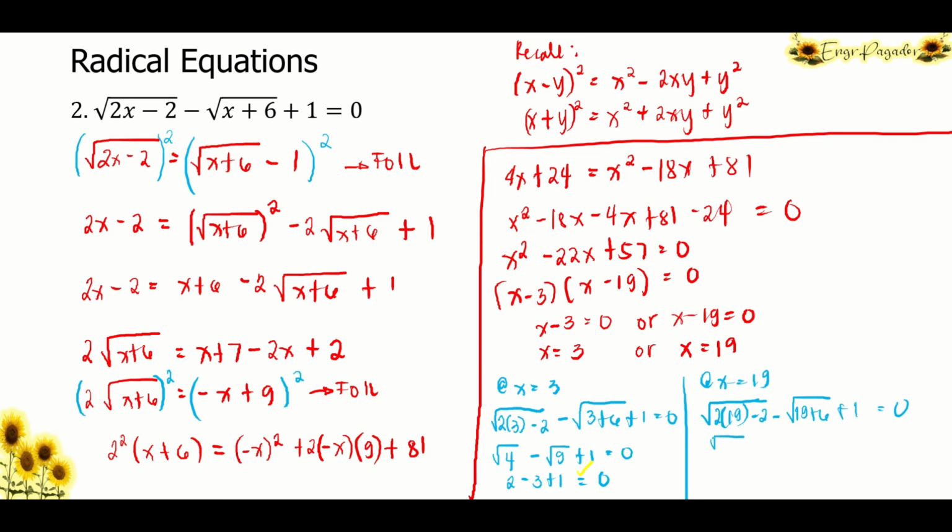Okay. 38 minus 2, that is equal to 36. So 36 na lang yung isulat natin. Square root of 36 minus 19 plus 6, that is 25. So square root of 25 plus 1 is equal to 0. And then the square root of 36 is equal to 6 minus the square root of 25, that is equal to 5 plus 1. Is it equal to 0? Hindi. So, lagyan natin ng x. So therefore, x equal to 19 is an extraneous root.